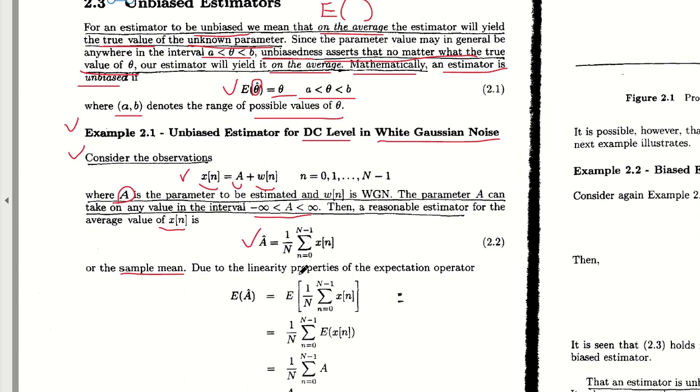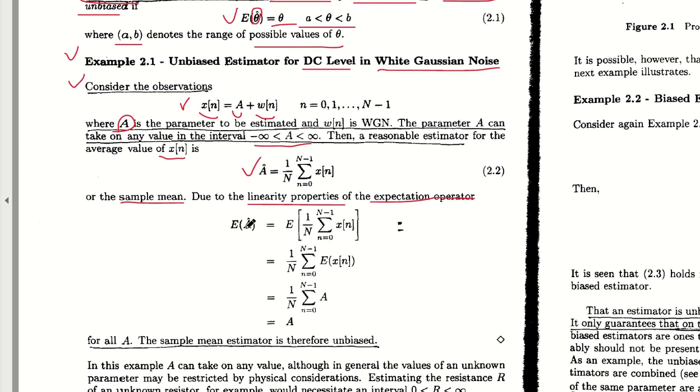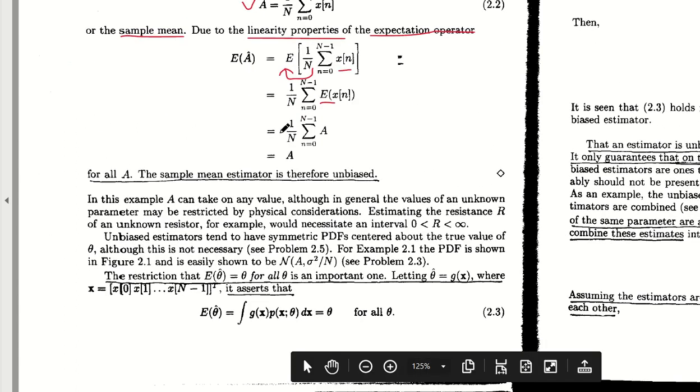Due to the linearity property of the expectation operator, you take the expectation of this 1 over N summation of x[n], and it equals 1 over N, because of linearity you can take it out. And then for the summation, you can pull the expectation inside. So you get the expectation of x[n], and the summation and N are all outside.